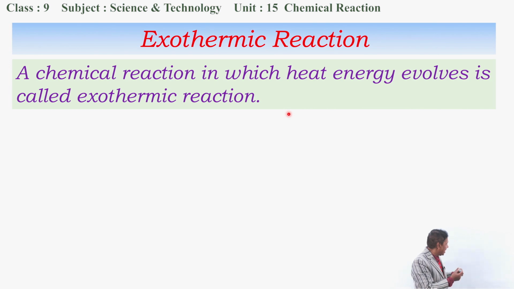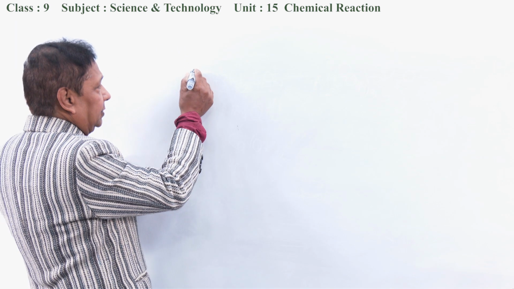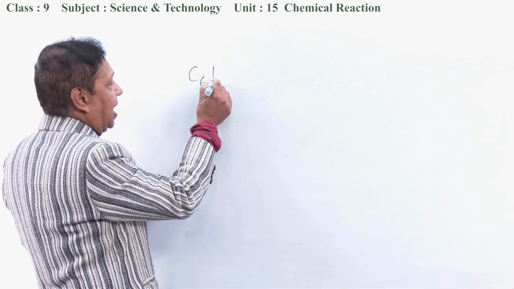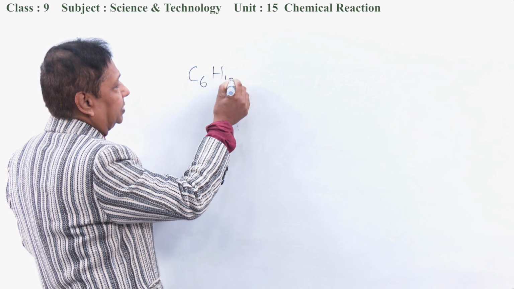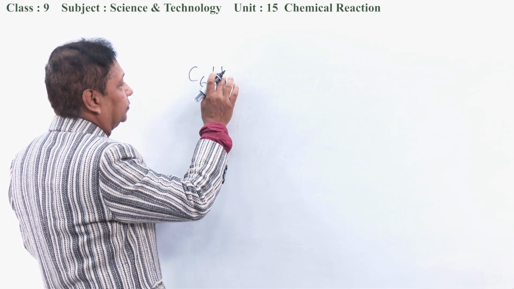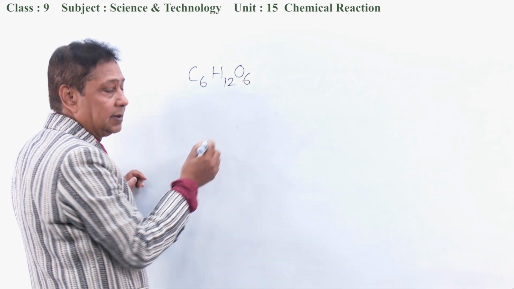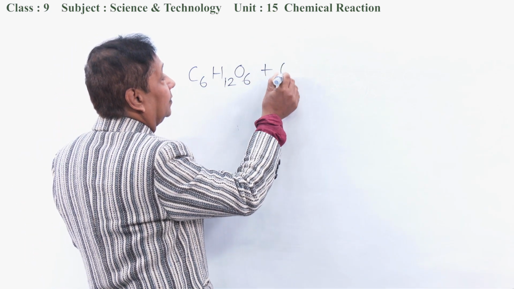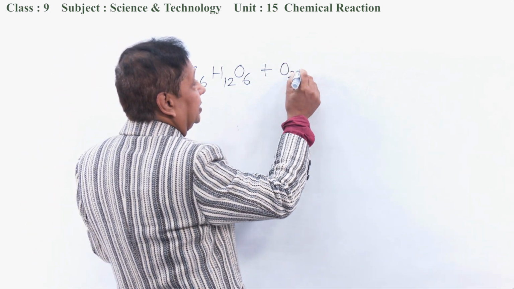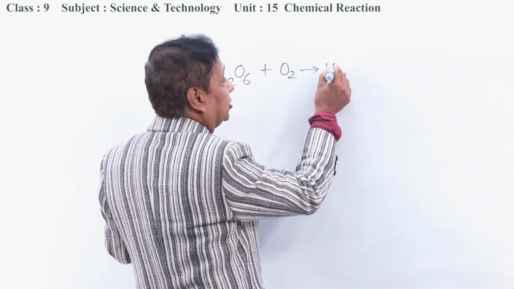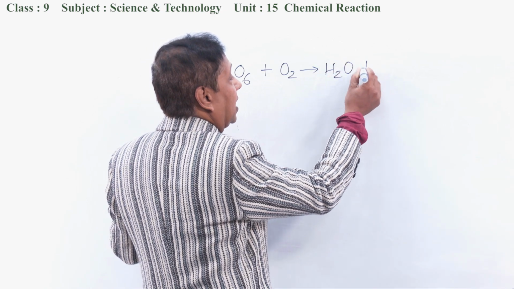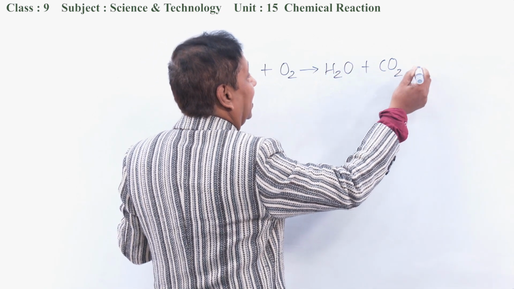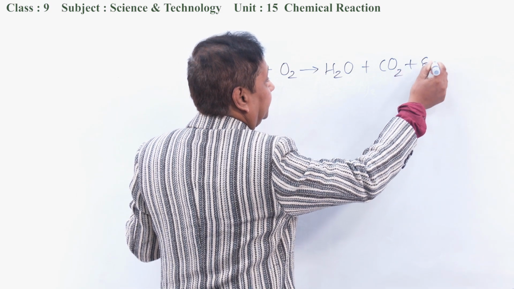Now, I want to give you an example. Look at this. This is C6H12O6. Do you know what it is? This is glucose. And when it reacts with oxygen, then what happens? Then we'll get water, carbon dioxide, and energy.